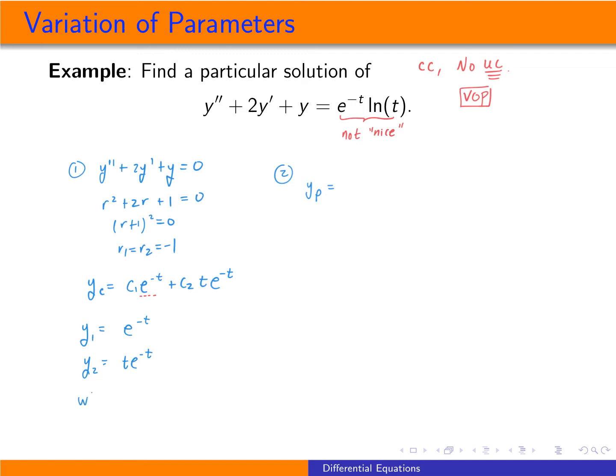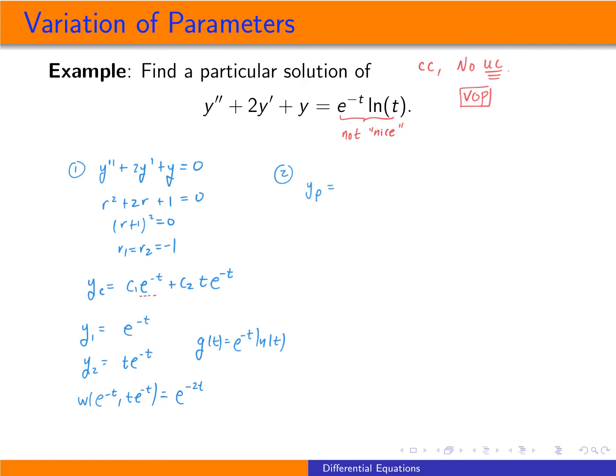I will let you all do the computation to find the Wronskian, but this is an example we've worked through previously, and in this case it's e to the minus 2t. And then it's also worth noting what function is playing the role of g of t. We are in standard form, so it's simply the non-homogeneous part. So our g of t in this case is the e to the minus t natural log of t.